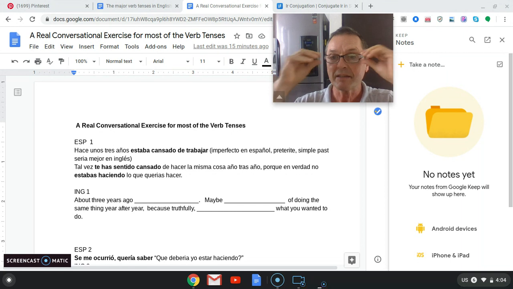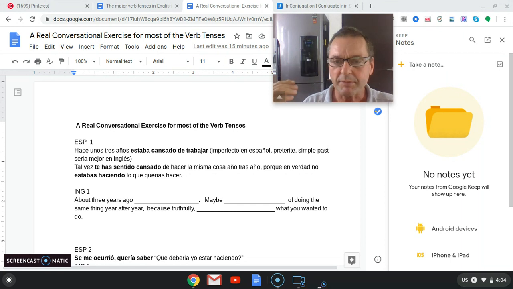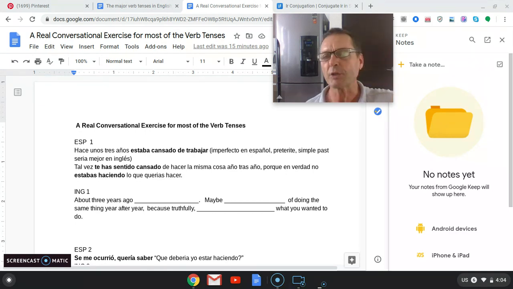Believe it or not, contrary to the way many textbooks teach this, the verb tenses in English are related to the verb tenses in Spanish. And it's a very valuable thing for you to learn to connect the two so that at the beginning you have a path for your brain to follow between what you want to say in Spanish and what you want to say in English.